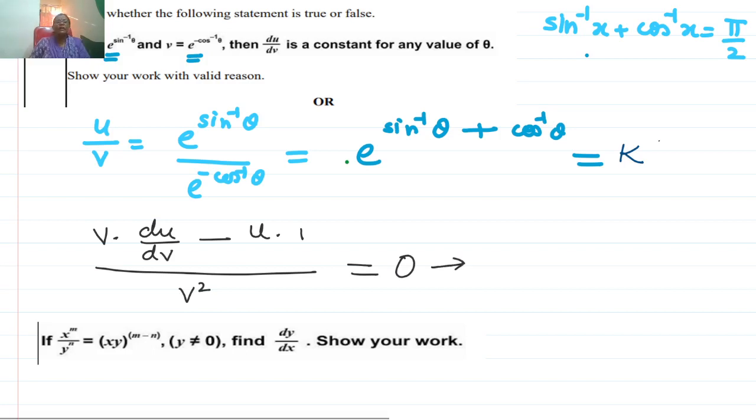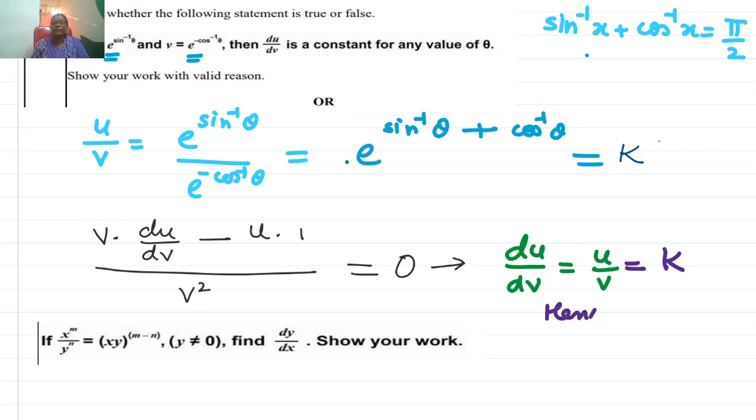So what do we get finally? du on dv is nothing but, when you rewrite the statement, u on v. And what is that quantity u on v? From the previous statement, it is a. So isn't this the proof?